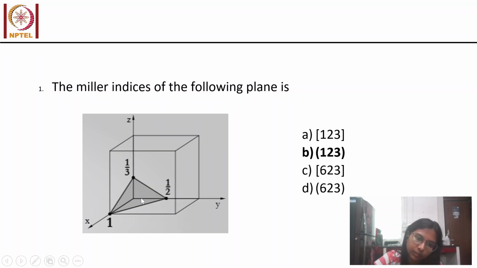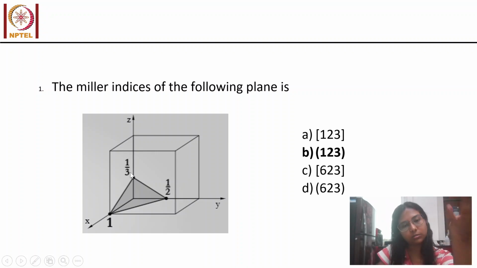If we have a plane like this, where this is the x-axis, this is the y-axis, and this is the z-axis, this is the convention. Along x, what is written is 1, which means it intercepts the x-axis at 1 unit cell length. Then this point is at the middle of the unit cell parameter along y, so this is a half, and along z this is 1/3.